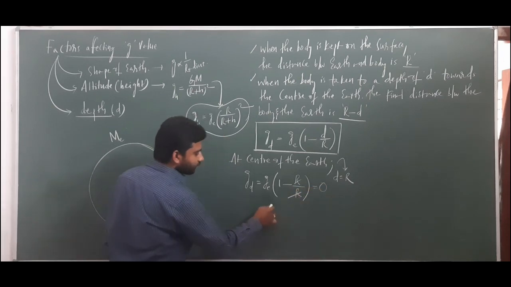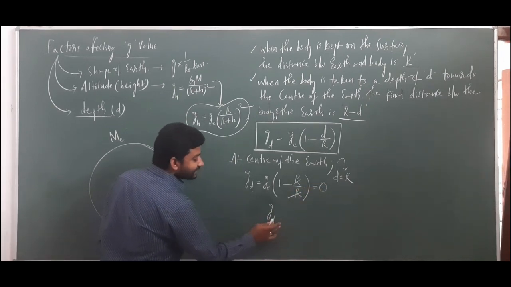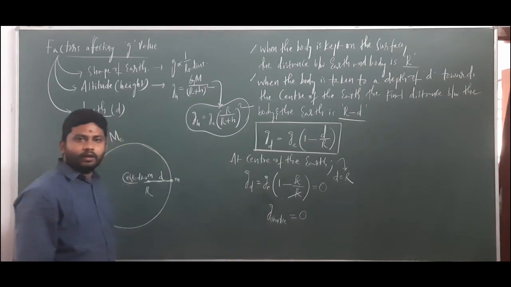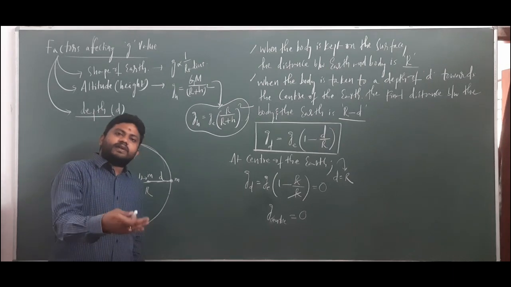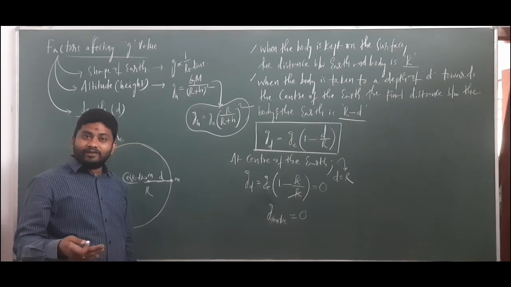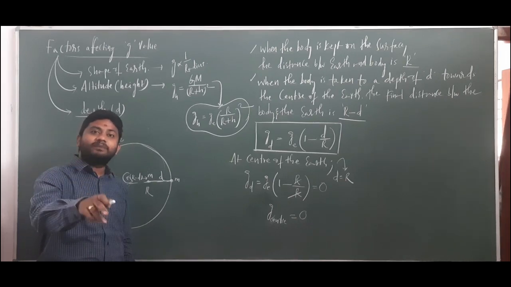So acceleration due to gravity at the center of the earth is equal to 0. When acceleration due to gravity is 0, the weight of a body also will be 0.